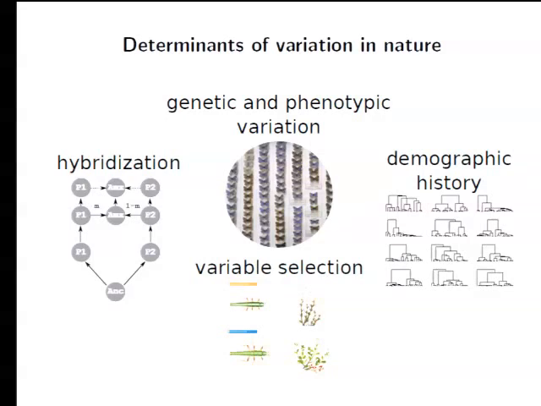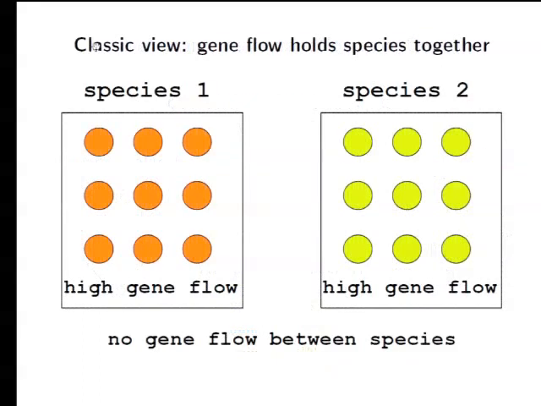In addition to thinking about these processes related to variation, I'm interested in how variation is partitioned and organized at different biological levels of organization, from genes and genomes to individuals, populations, and species. Along those lines, I want to start by laying out two views for the organization of biological diversity.